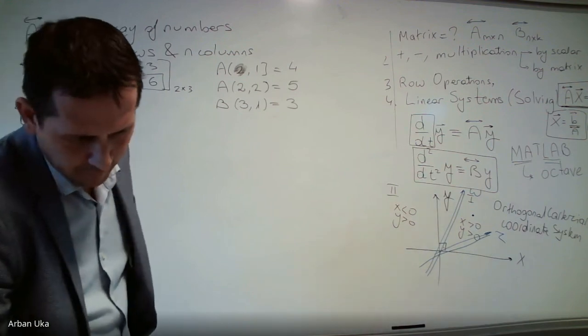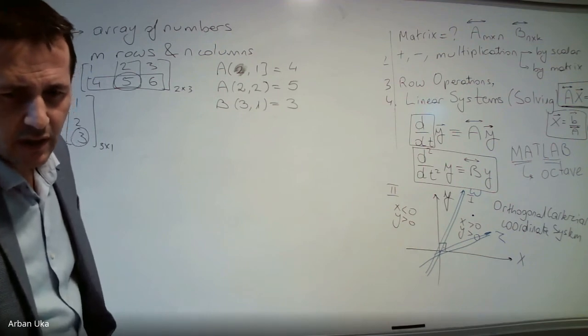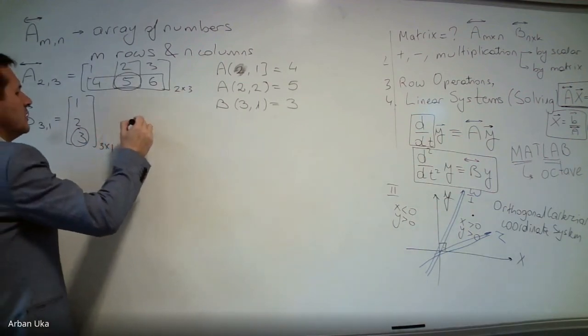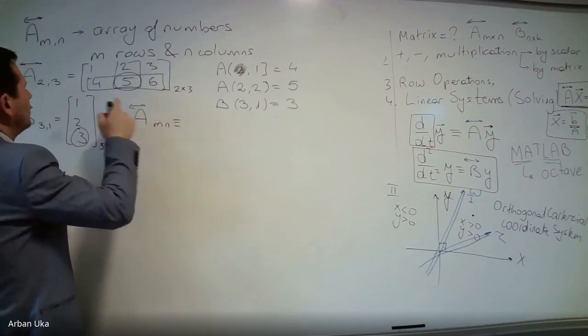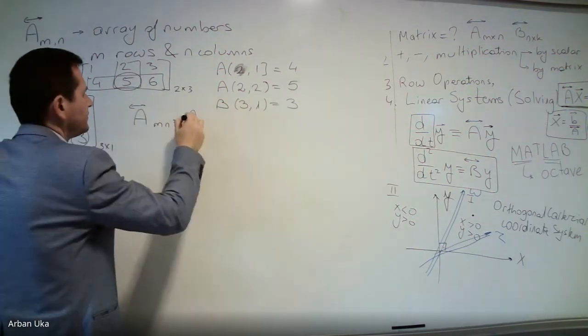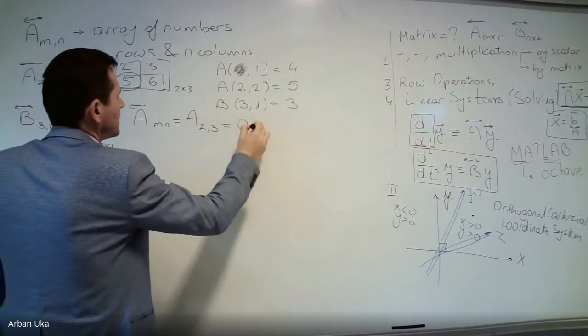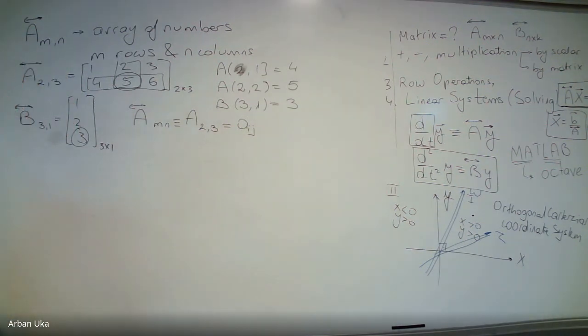Then we can define, out of these matrices, the general definition of a matrix. Any matrix can also be denoted like this: A m n, which in this case can be A 2 3. This can also be denoted as Aij.